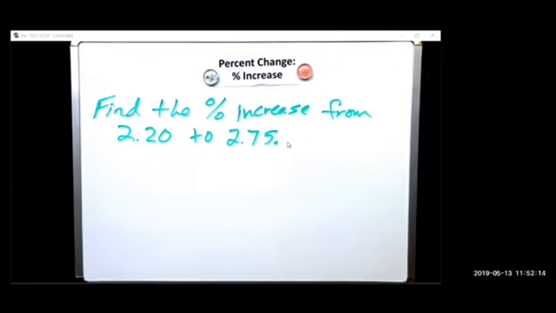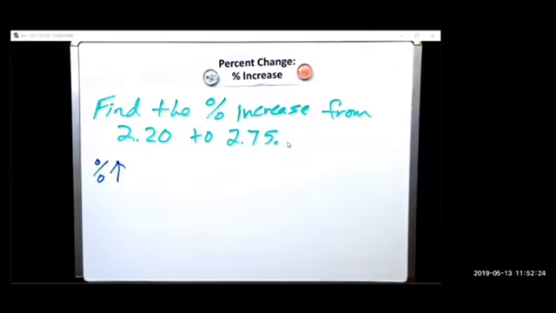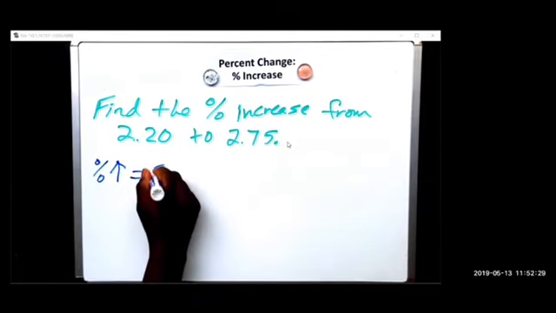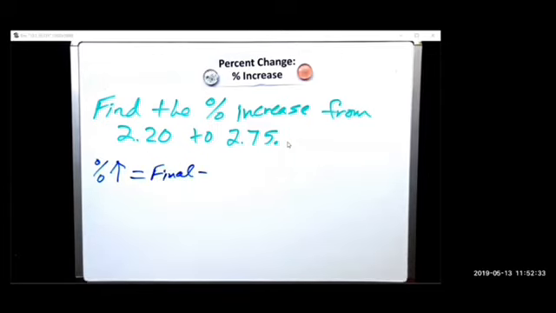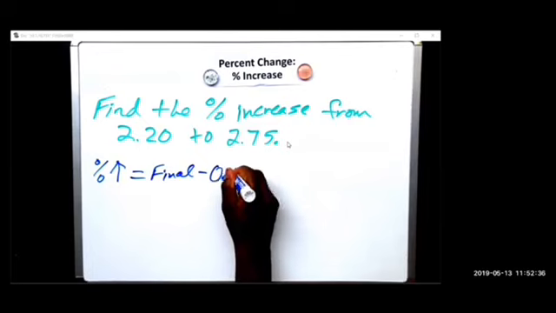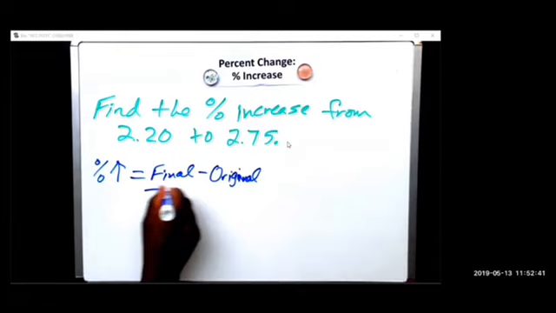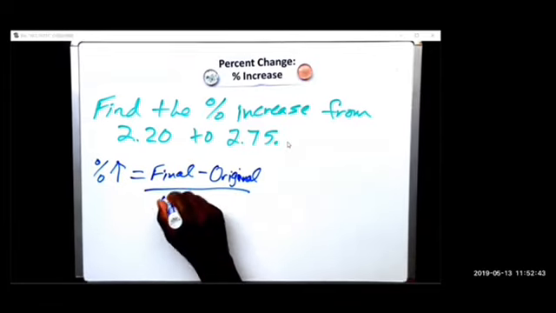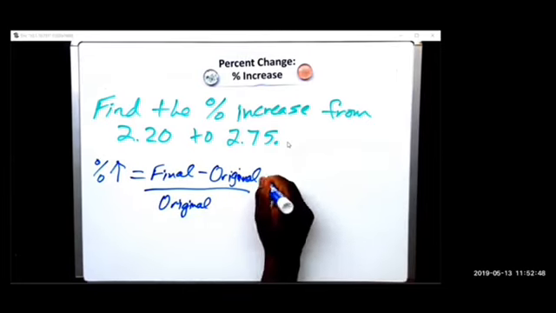Find the percent increase. Well, we're dealing with a formula here, so let me give it to you. The formula for percent increase, I'm going to use an arrow for increase, equals your final minus your original divided by the original times 100.